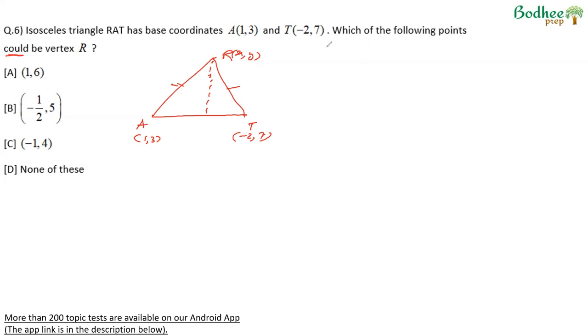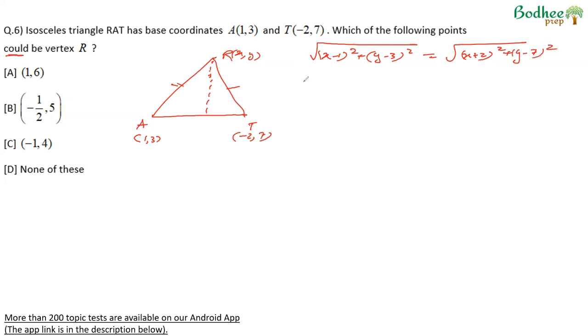Now here the distance RA will be under root of x minus 1 whole square plus y minus 3 square. RT will be under root of x minus minus 2, therefore x plus 2 square plus y minus 7 square.